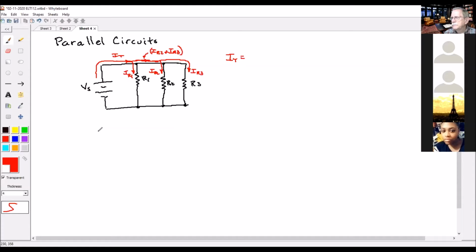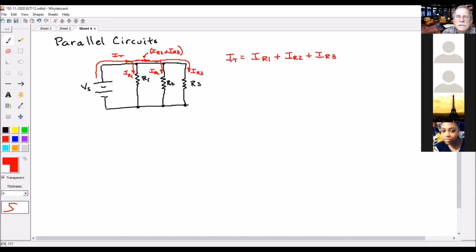Ideas? Would it be equal to I sub R1 plus I sub R2 plus I sub R3? It absolutely would. So this would be I sub R1 plus I sub R2 plus I sub R3.